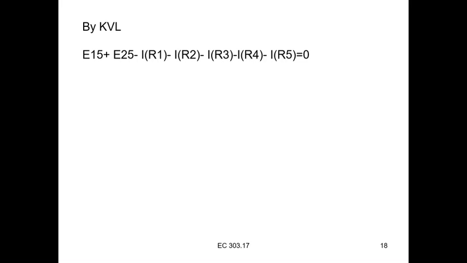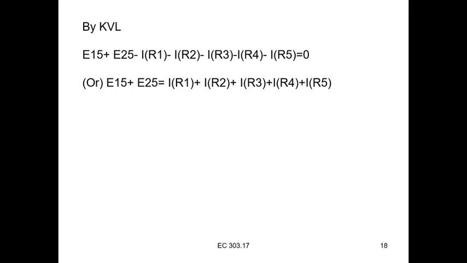So from this, we can conclude that E15 plus E25 is equal to IR1 plus IR2 plus IR3 plus IR4 plus IR5.